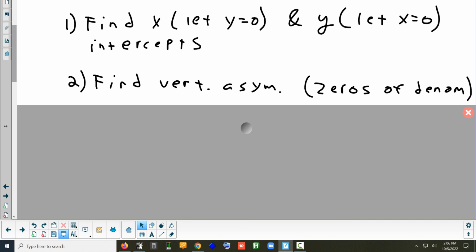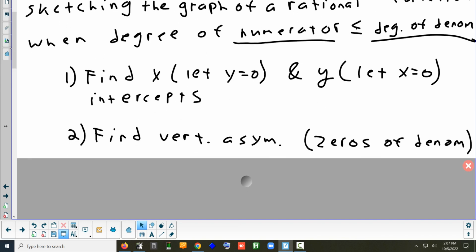Find your vertical asymptotes. So vertical asymptotes are where the denominator equals 0. How do you do them? You factor. If you can't factor, quadratic formula, just like in last night's one. Yep. Can you just go back for a second? So we're going to find the vertical asymptotes.